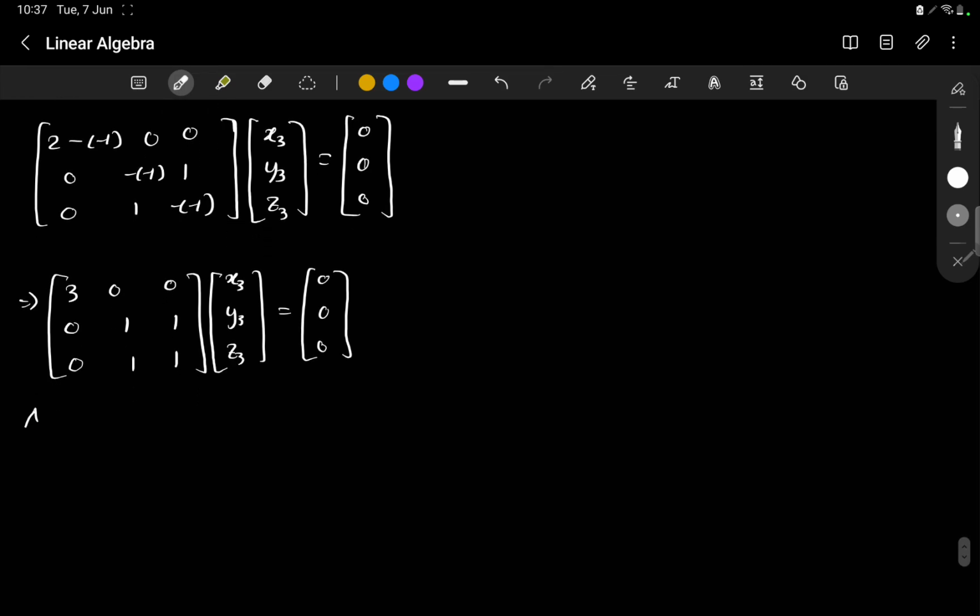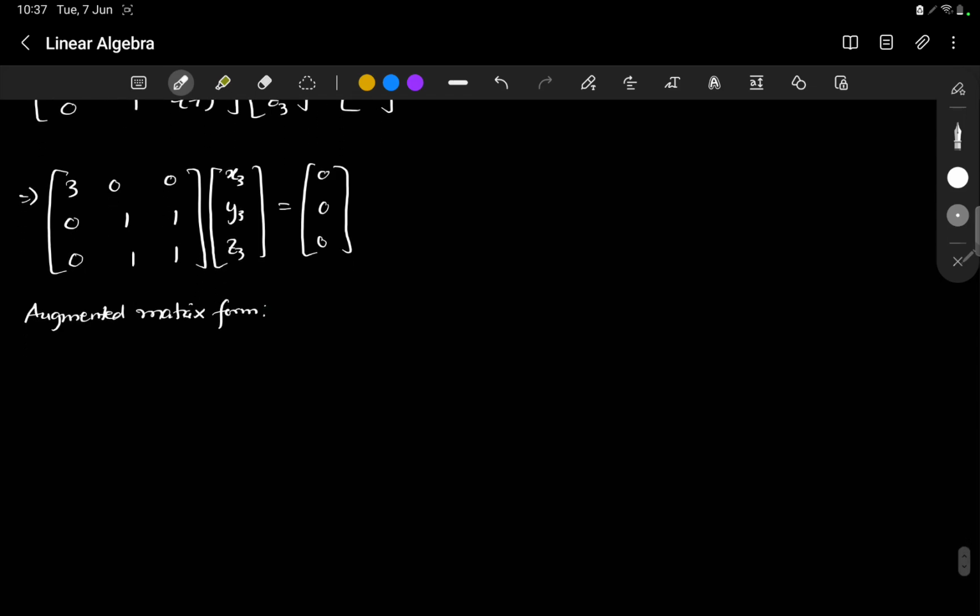Now again the augmented matrix form will be as follows.